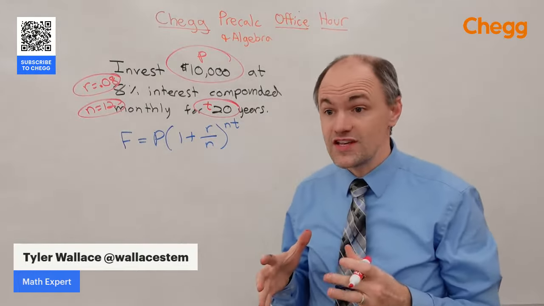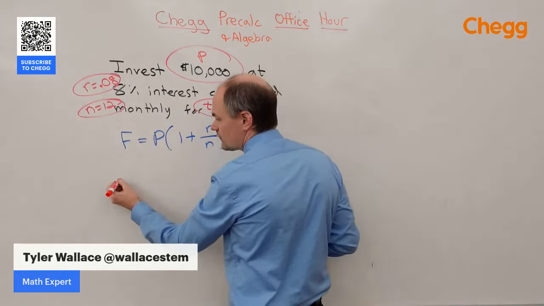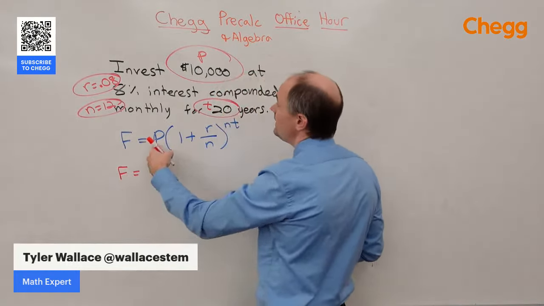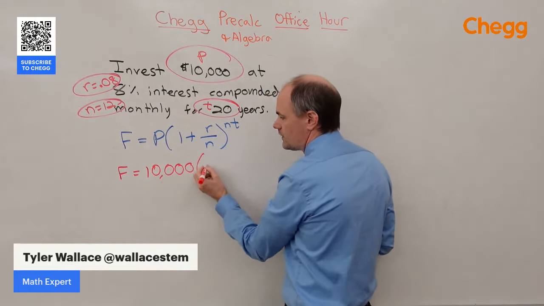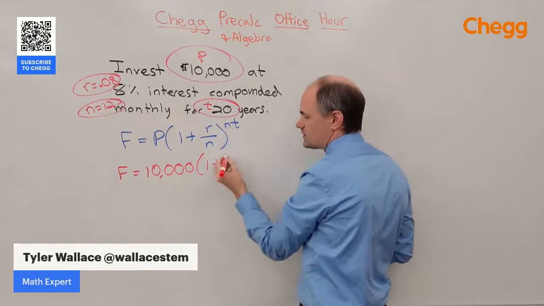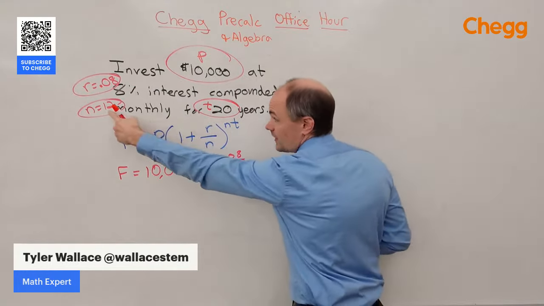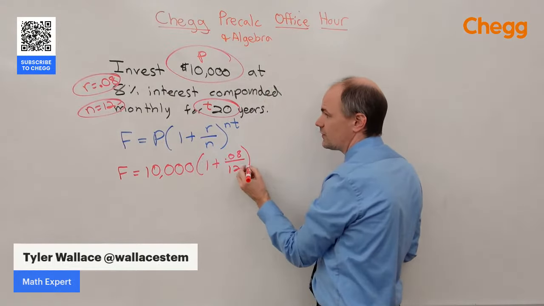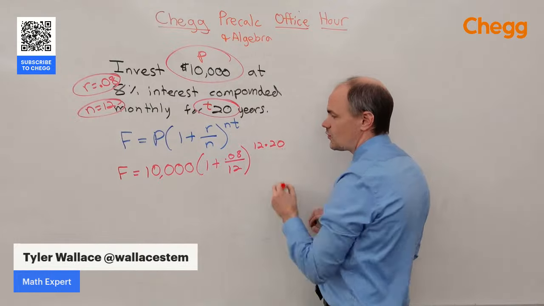So let's plug those things into our equation and see what we end up with. Future value is what we're looking for. P, we're starting with $10,000, times 1 plus the interest rate, 0.08, divided by the number of things, which is 12, raised to the 12 times our time, which is 20.